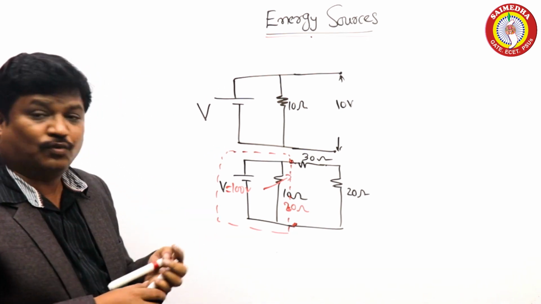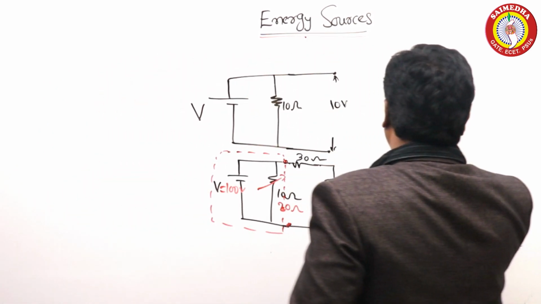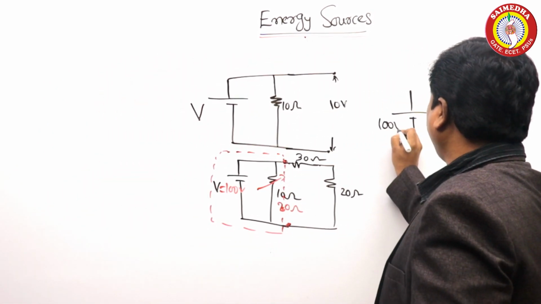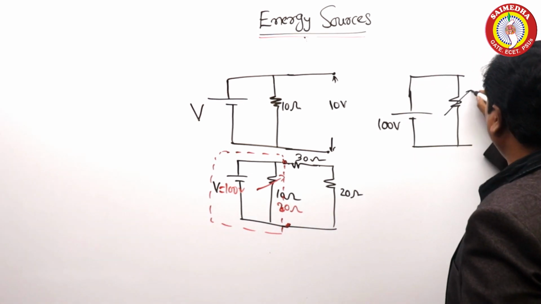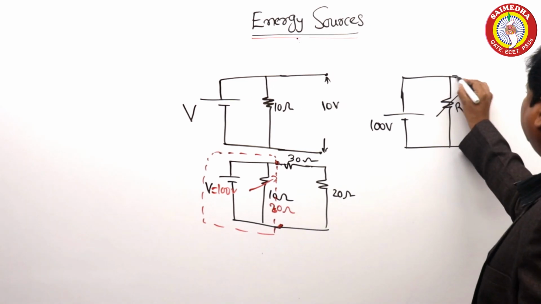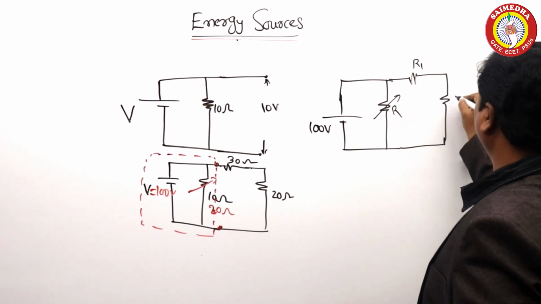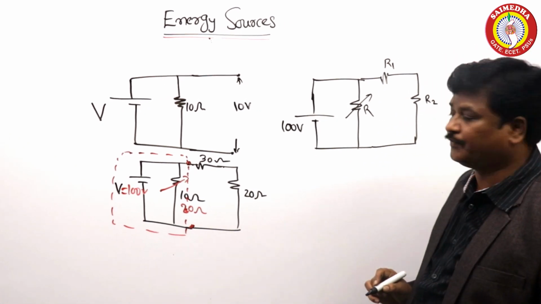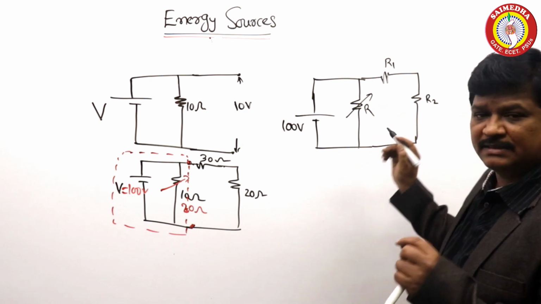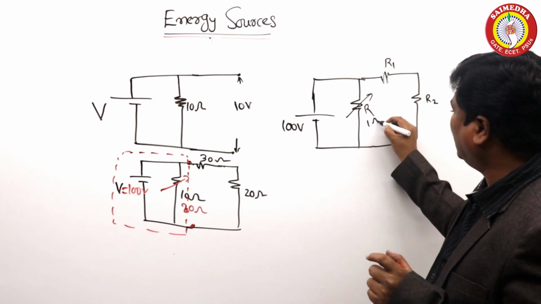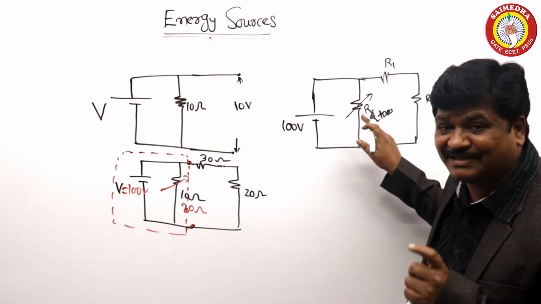Finally, when you come to one conclusion, I will give one more example for better understanding. We can have 100 volts here. There is an internal resistance R in parallel, and there is some resistance of this one and this one, R1 and R2. If R varies from some 1 ohm to 100 ohms, any value, you cannot make it 0.